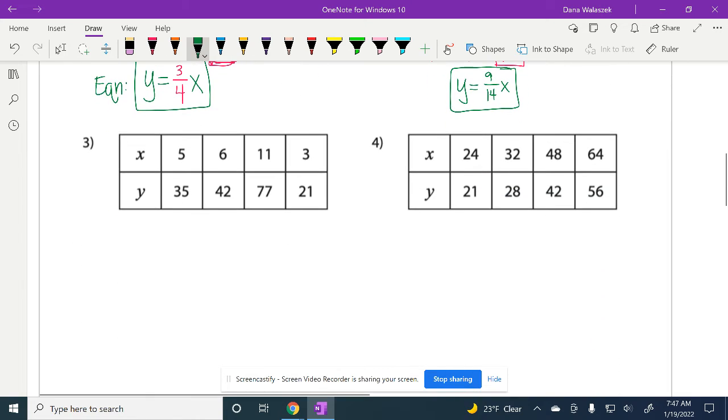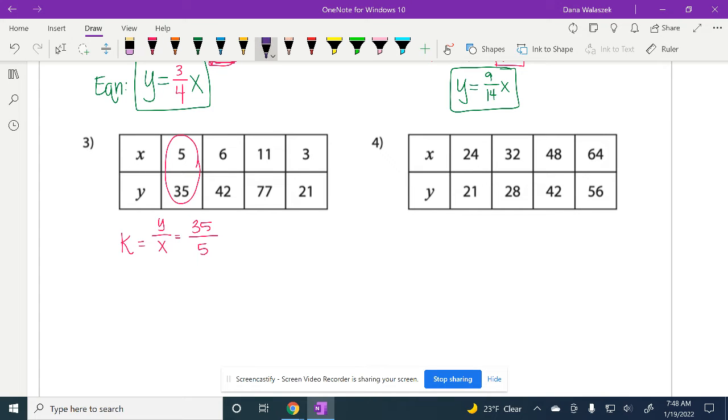From a table, the process is the exact same. My K is still y over x. And I can pick any of these pairs of points. These happen to be not in order, which is funny. I can pick any of the pairs. So I'll just pick the first one. And now I need to think, is this reducible?